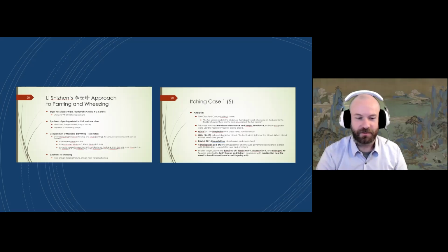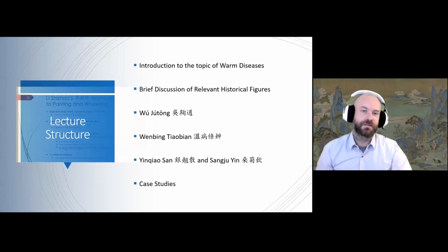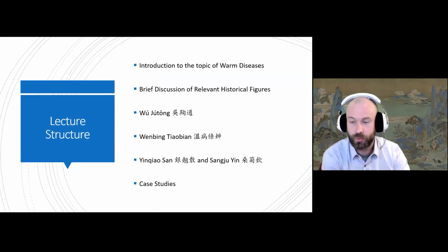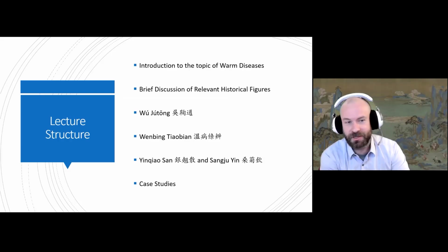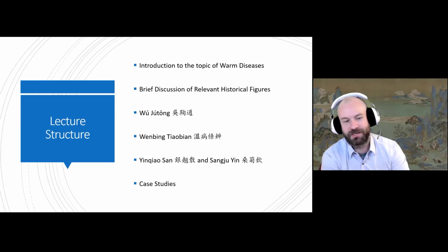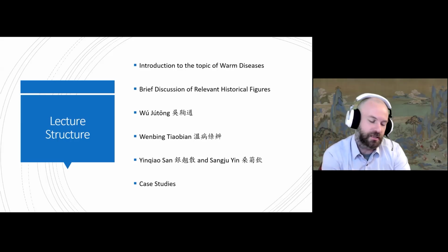Okay, so that's just our introduction, and we're going to talk a little bit now about the lecture. We'll start with an introduction to warm diseases and a brief discussion of relevant historical figures. I really love the history of Chinese medicine and the authors, and often just the unique style that they bring.